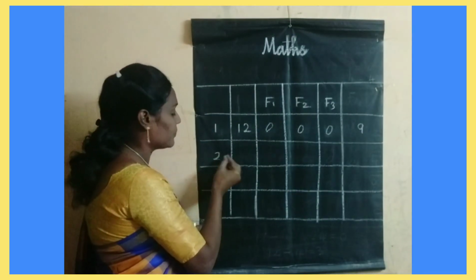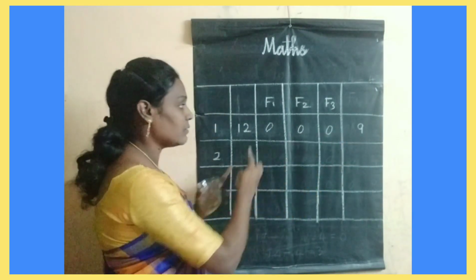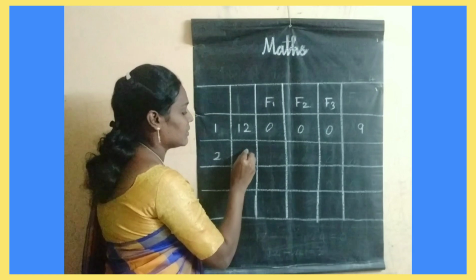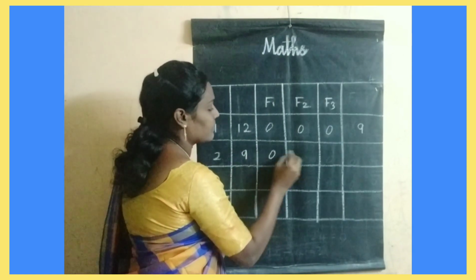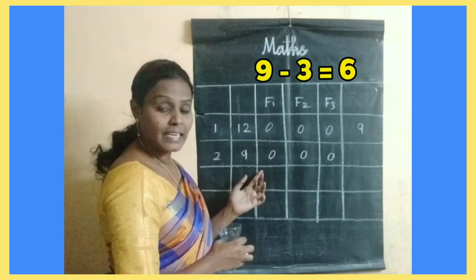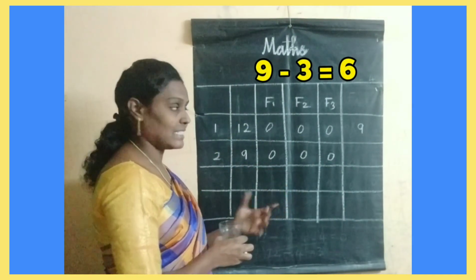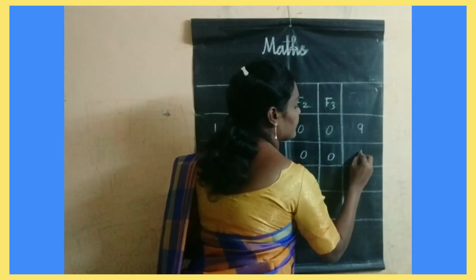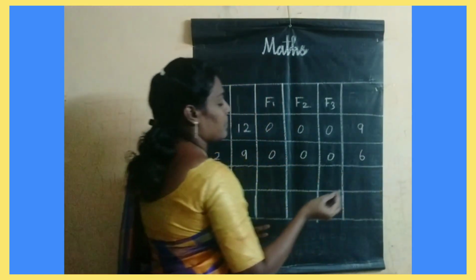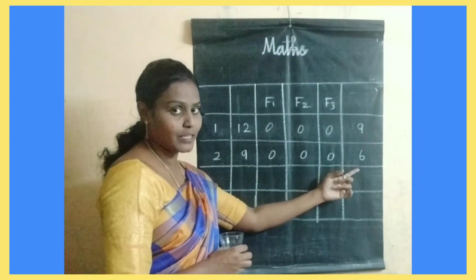Step 2, I am going to share these 9 badams among 3 of my friends. 9 minus 3 equal to, yes, 6. Remaining I have 6 badams.